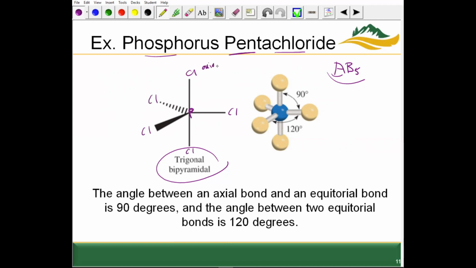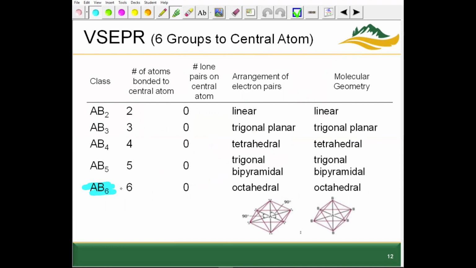This chlorine is in the axial position, this chlorine is also in the axial position. This chlorine is in the equatorial, this one equatorial, and this one equatorial position as well. So 90 degrees separation here, 120 degrees separation between the 3 equatorial bonds. So trigonal bipyramidal, class of AB5, this example for phosphorus pentachloride, or PCl5, is in this class of the general form of AB5.